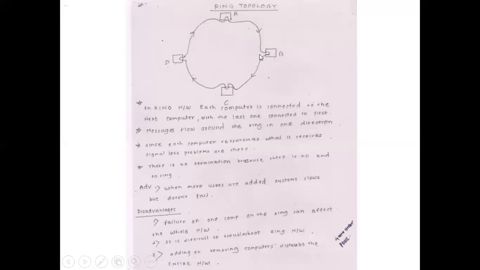And whenever you add or remove any new PC to this ring network, or remove an existing PC, you have to add one more device in this ring network, called a wire center. Right now it is not mentioned in your syllabus, that's why we are not going to cover that wire center device here. Just keep in mind that a wire center device can be used to add and remove wires without disturbing the ring network.